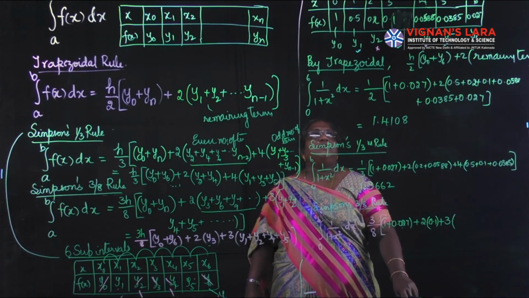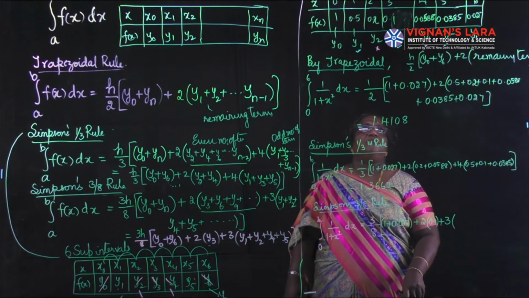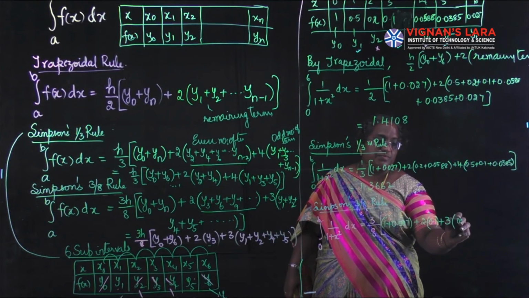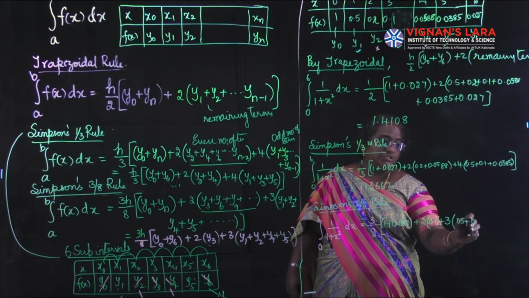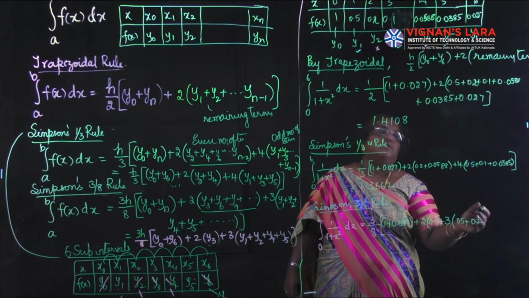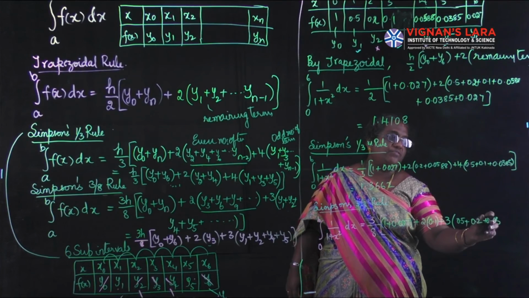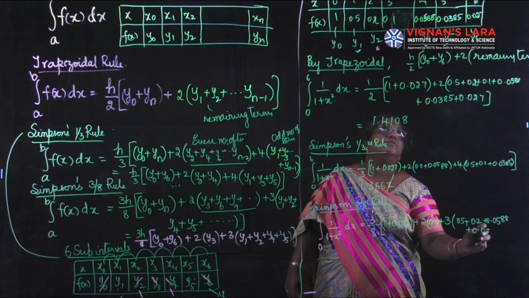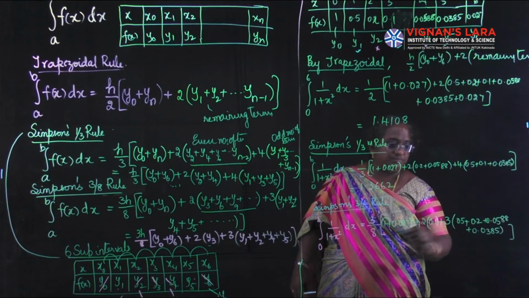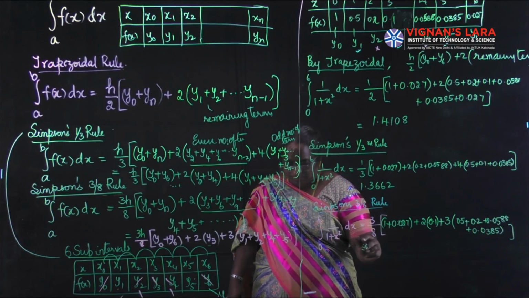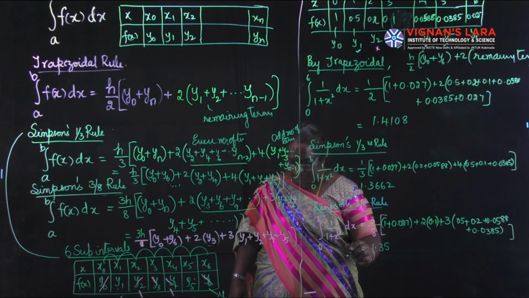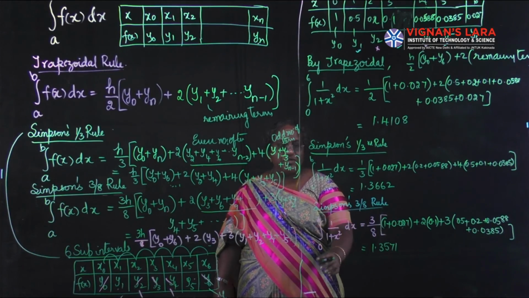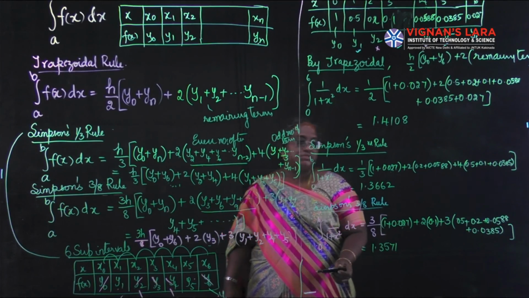The remaining terms are y1, y2, y4, y5, since y3, y0 and y6 are already used. y1 is 0.5, y2 is 0.2, y4 is 0.0588, and y5 is 0.0385. So this comes to 1.3571.